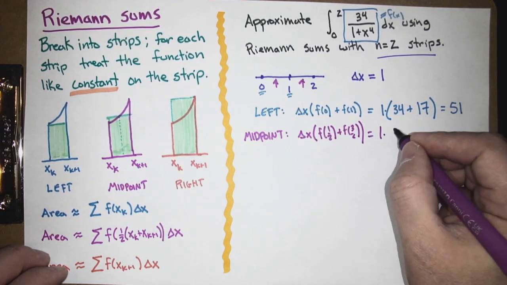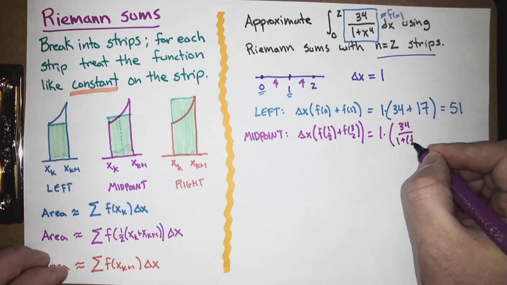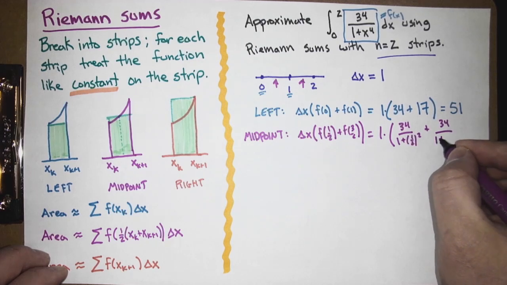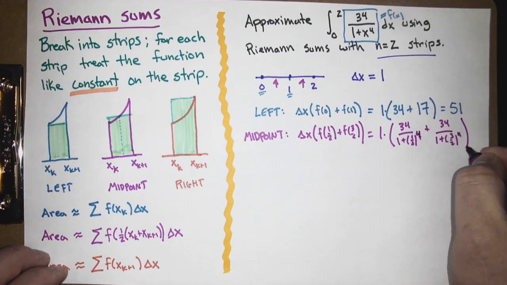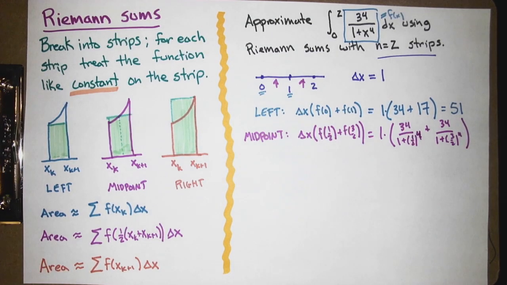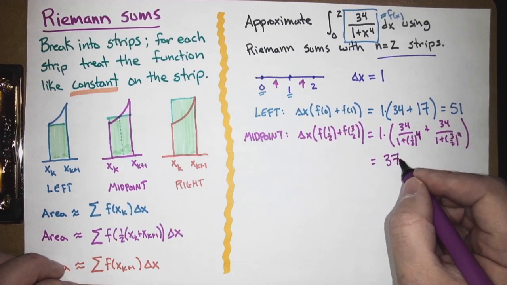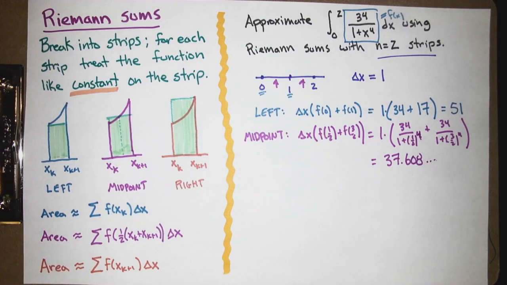Okay, so we get 1 times, well, when you plug in a half, you get 34 over 1 plus (1/2) to the fourth, plus 34 over 1 plus (3/2) to the fourth. In the interest of time, you plug that in, and I'll just tell you what it turns out to be: 37.608. All right. Well, that's a very different answer than 51. But that's okay. They're both estimates.